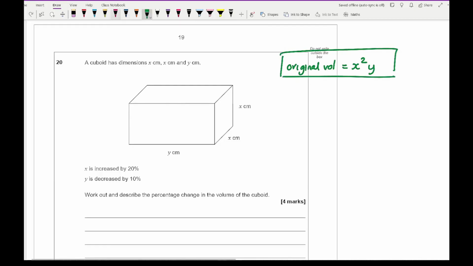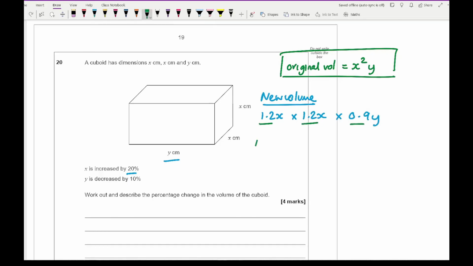So now let's work out the new volume. Well, if we're increasing x by 20%, that means it's going to be 1.2x times 1.2x. And if we're decreasing y by 10%, then that's going to be 0.9y. Now the next thing for me to do is multiply out those numbers.